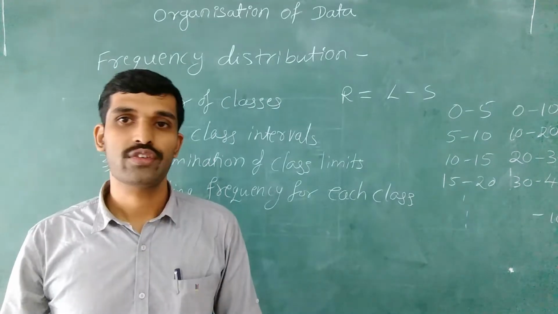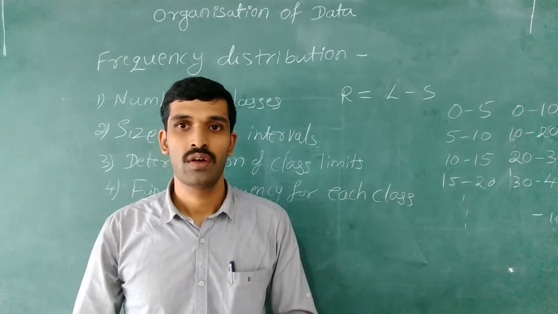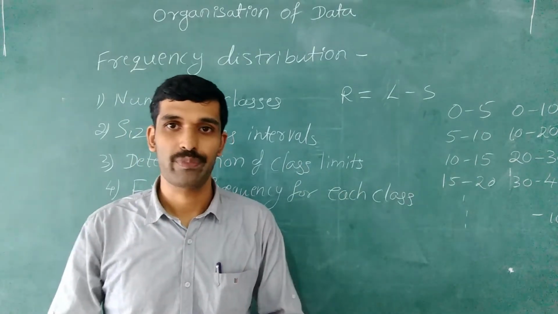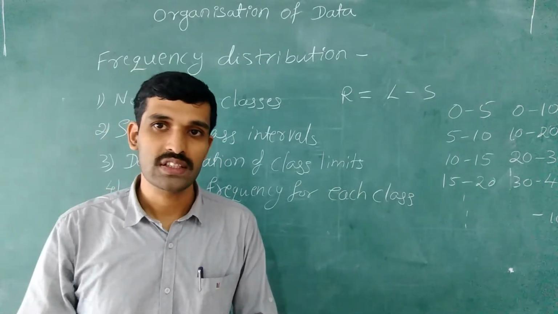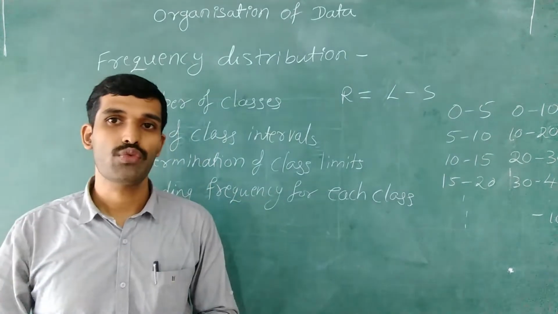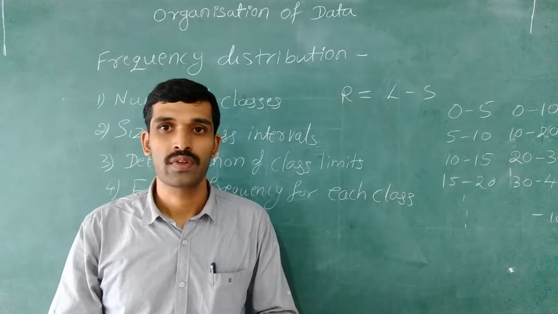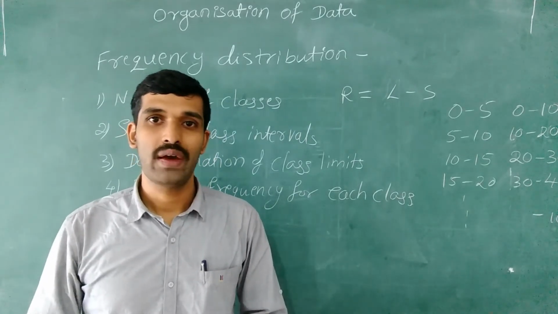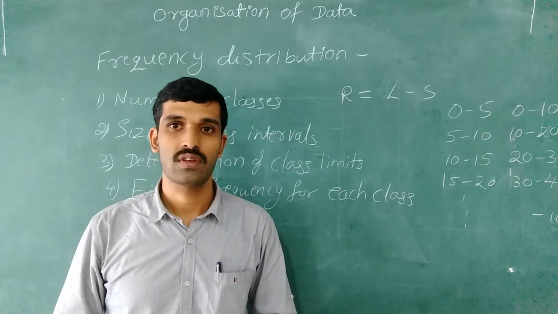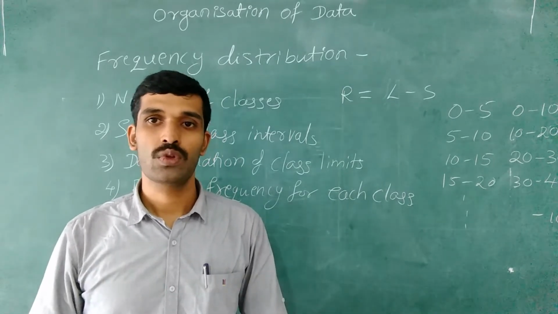Normally, it's better to have 5 to 15 classes. In the previous table, we have taken class interval 10: 30 to 40, 40 to 50, 50 to 60, 60 to 70, like that. Likewise, while preparing a frequency distribution, it's important to decide the number of classes. The number of classes is normally best between 5 and 15.